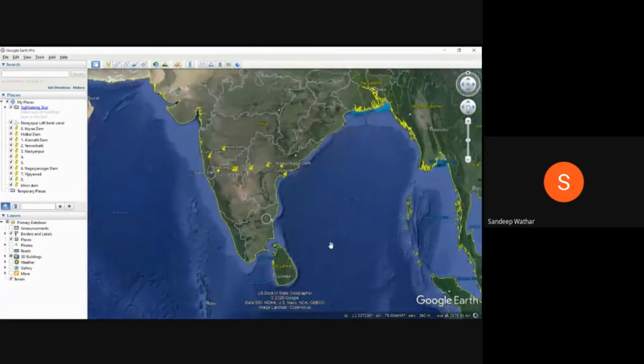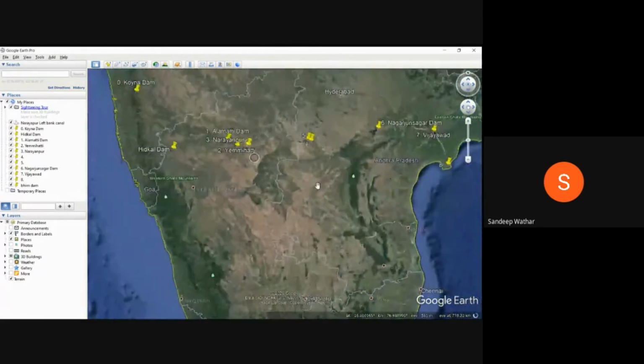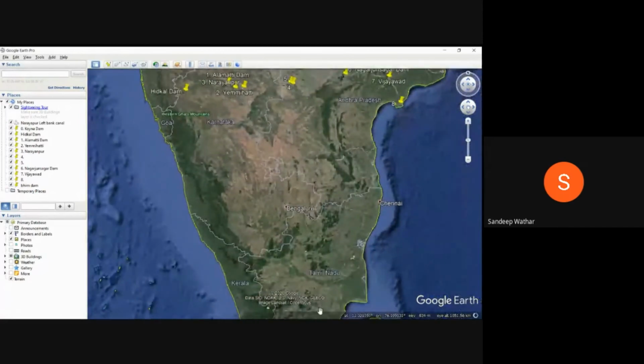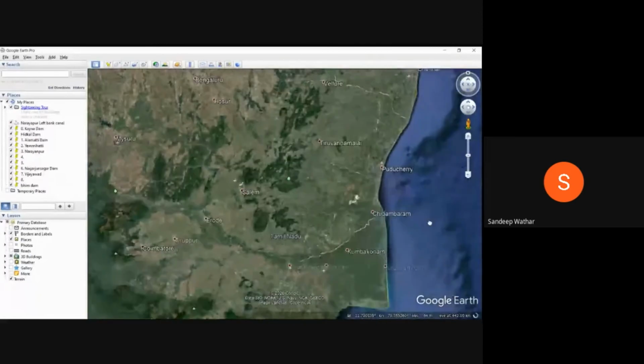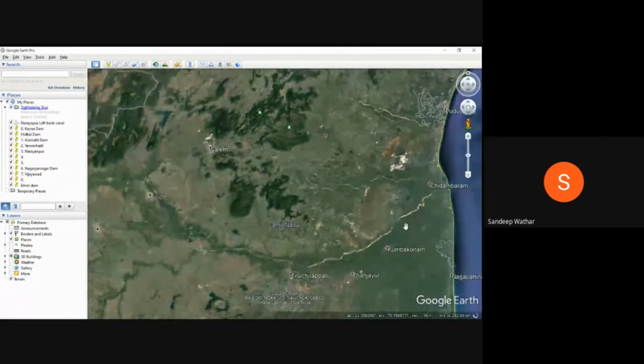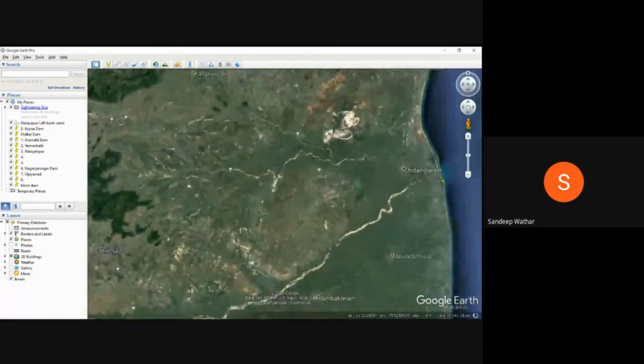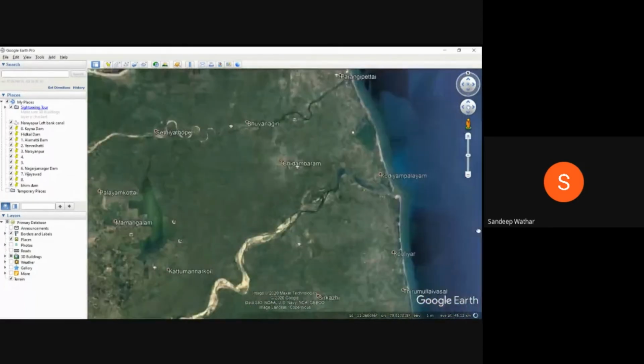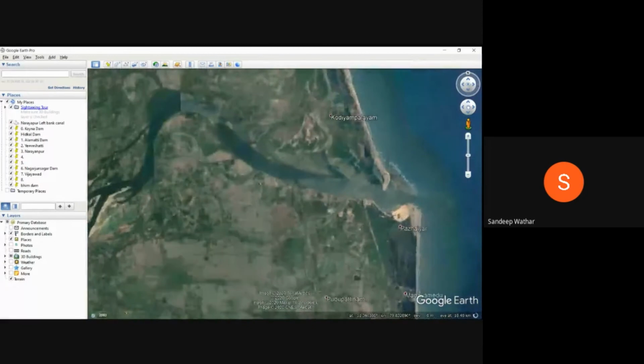So most of the rivers flow from west to east, and they dispose of their discharge into the Bay of Bengal itself, right? So we'll try to understand the Kaveri River. Kaveri River is somewhere here, and it gets disposed of in Tamil Nadu. Basically, I'm not getting where exactly it's getting disposed. Somewhere here. I guess this is the end of Kaveri River.